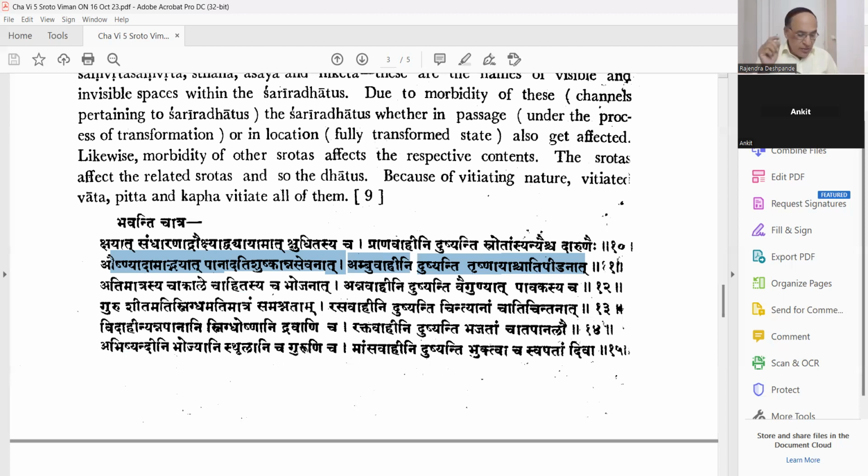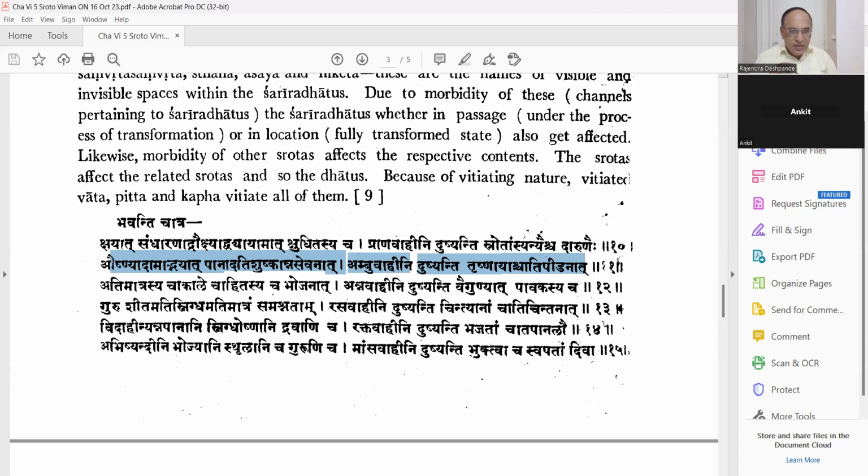So that is atishushka anna, excess consumption of the vata prakupita diet, very dry, all the time vada pav only, all the time just roughages, kurkure and murmure and churmure. So all the dry, not drinking milk, not drinking water, not drinking fruit juices, only chapati, dry substances, then that is called as shushkanna sevana.